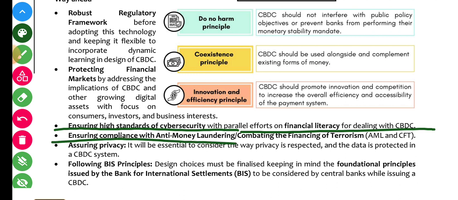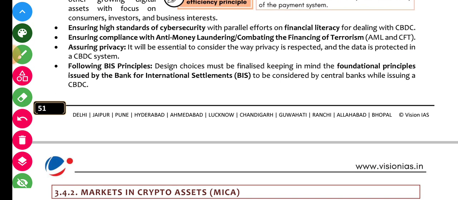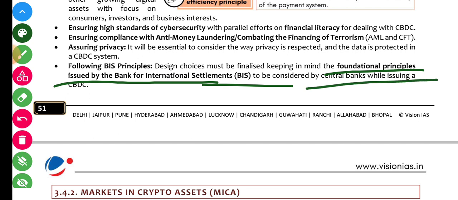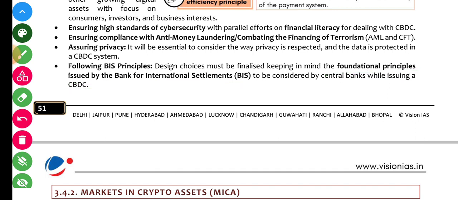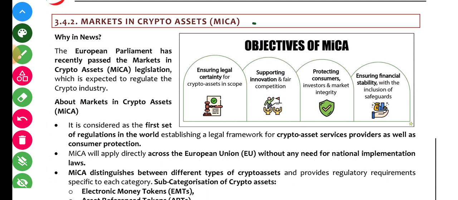Ensure compliance with anti-money laundering and combating the financing of terrorism, assure privacy, and follow the BIS principles, the foundational principles issued by the Bank for International Settlements, to be considered by central banks while issuing a CBDC. Keep this in mind.